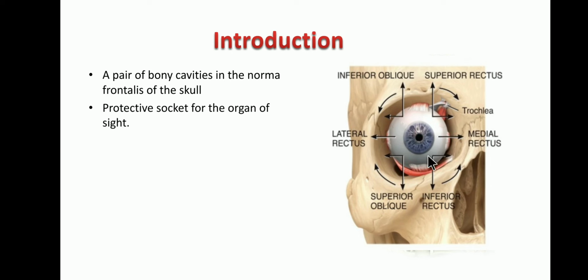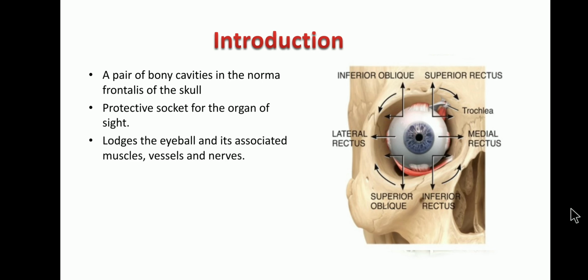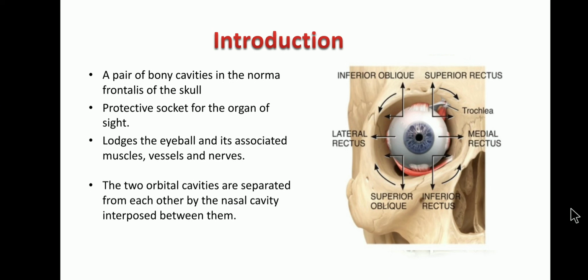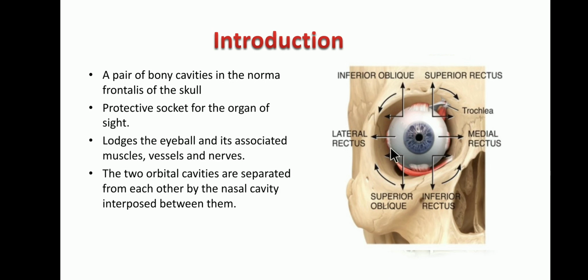Certain outer layers of the eyeball are supplied by vessels outside the eyeball. Then you have a variable quantity of fat. That is also a content of the orbit. As I told you, they are separated by the nasal cavity which you are able to see here.